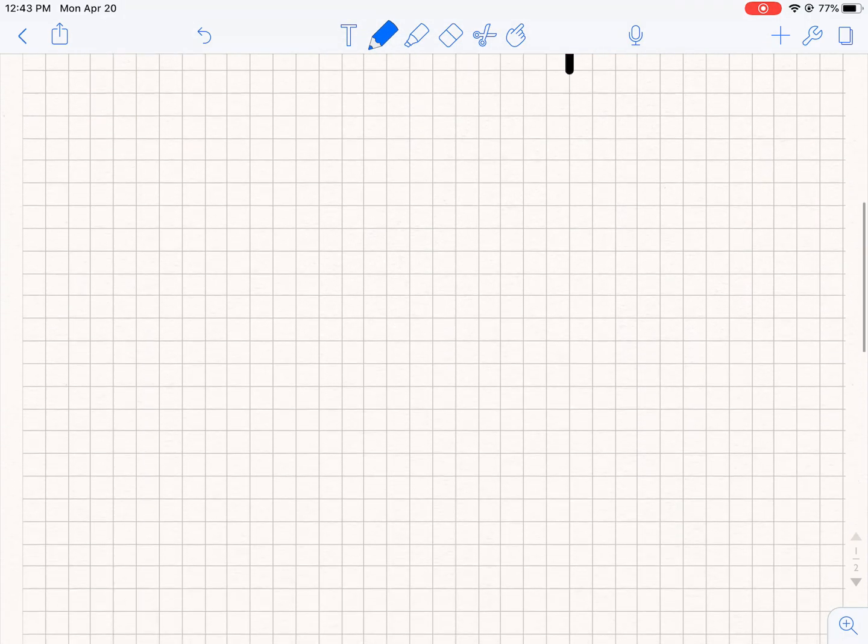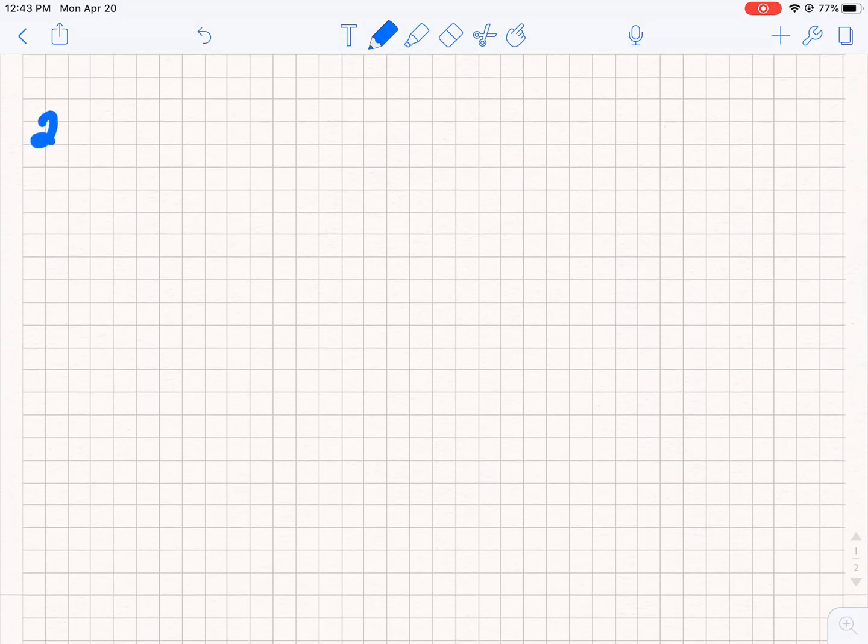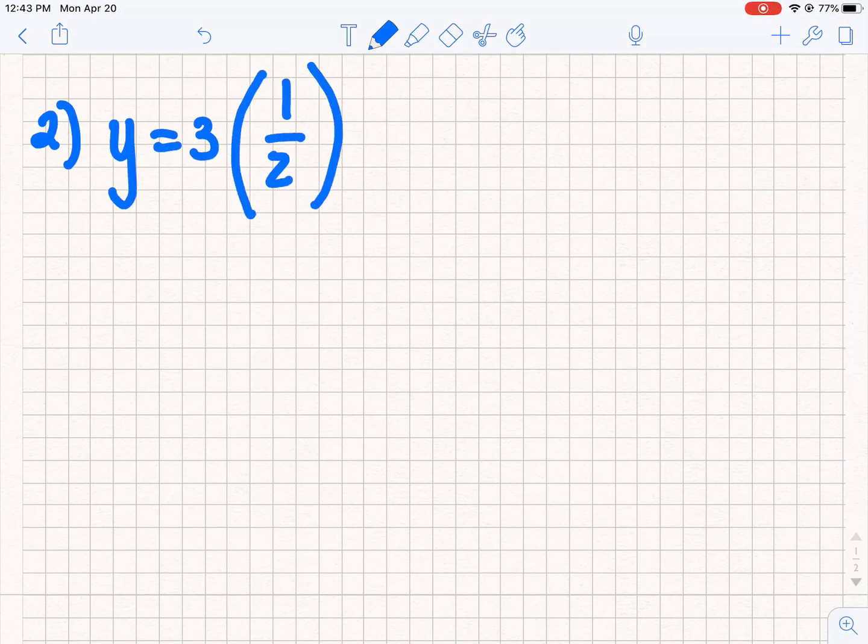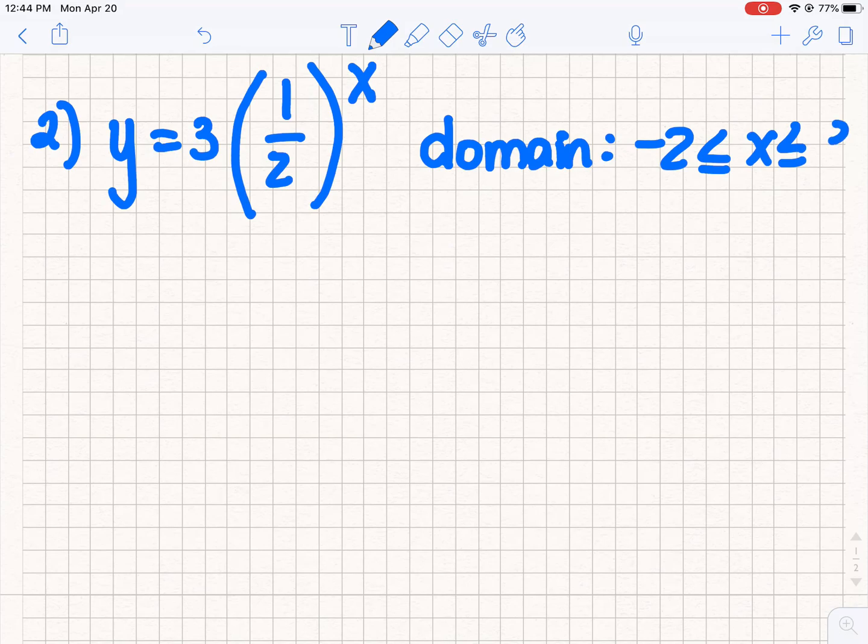Number 2 is the exact same thing. Number 2 is y equals 3 times the quantity 1/2 raised to the x power. The domain is still negative 2 to positive 3. So that's what goes in your table.